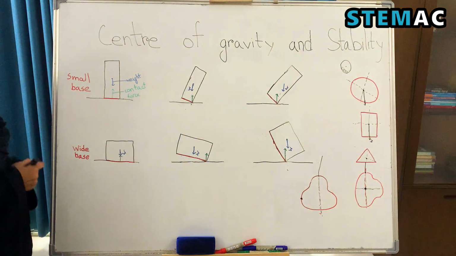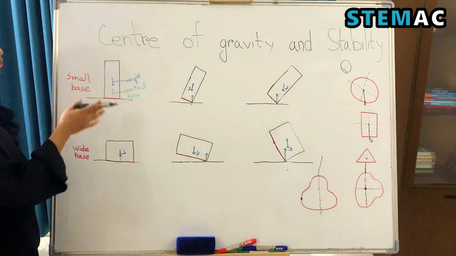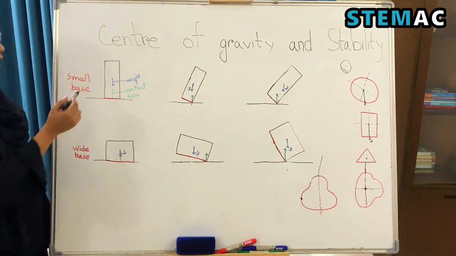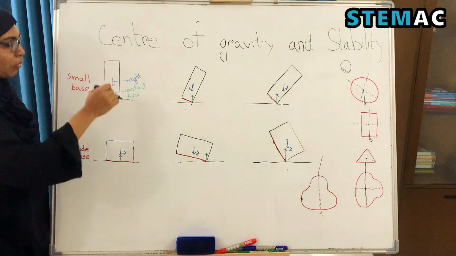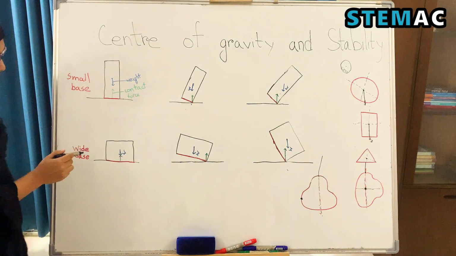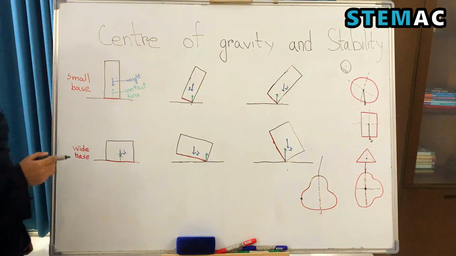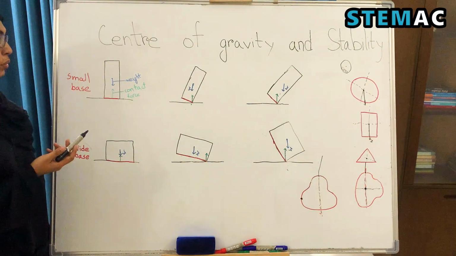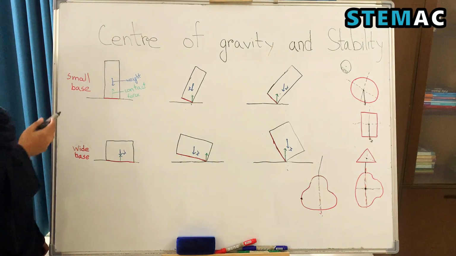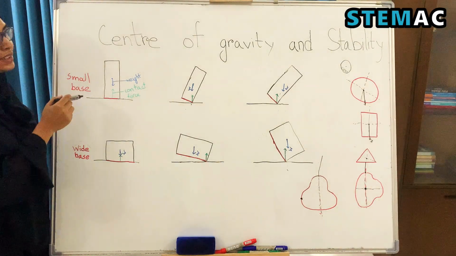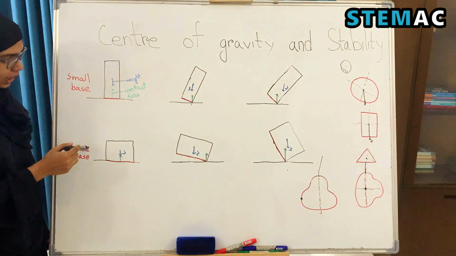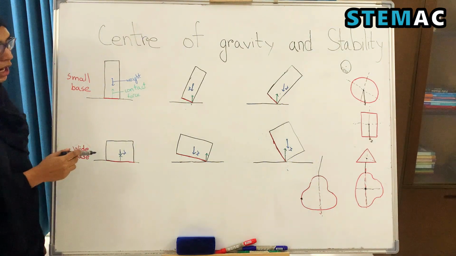So here I have shown two cases, an object with a small base and another object with a wide base. Now we will see why objects with a smaller base are less stable and objects with a wider base are more stable.